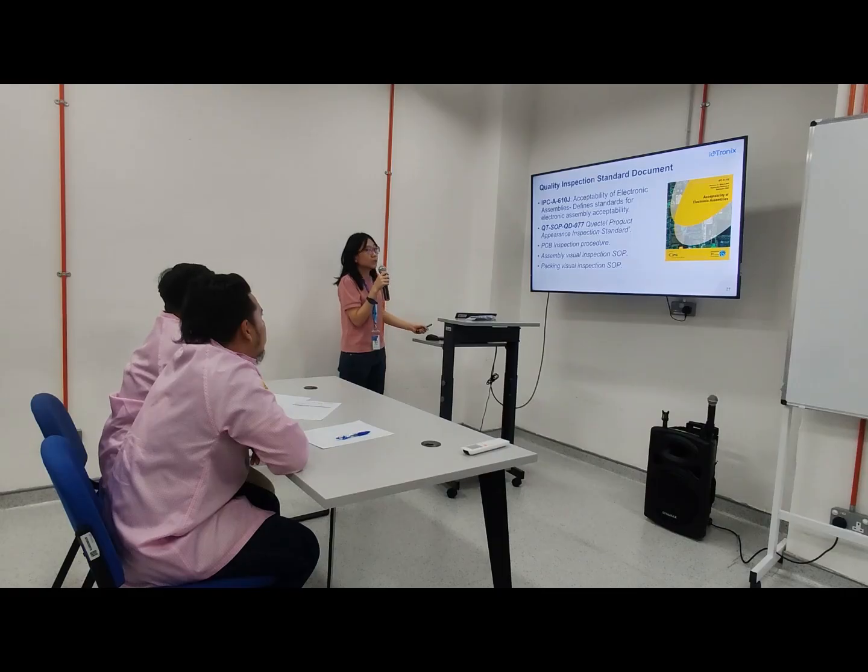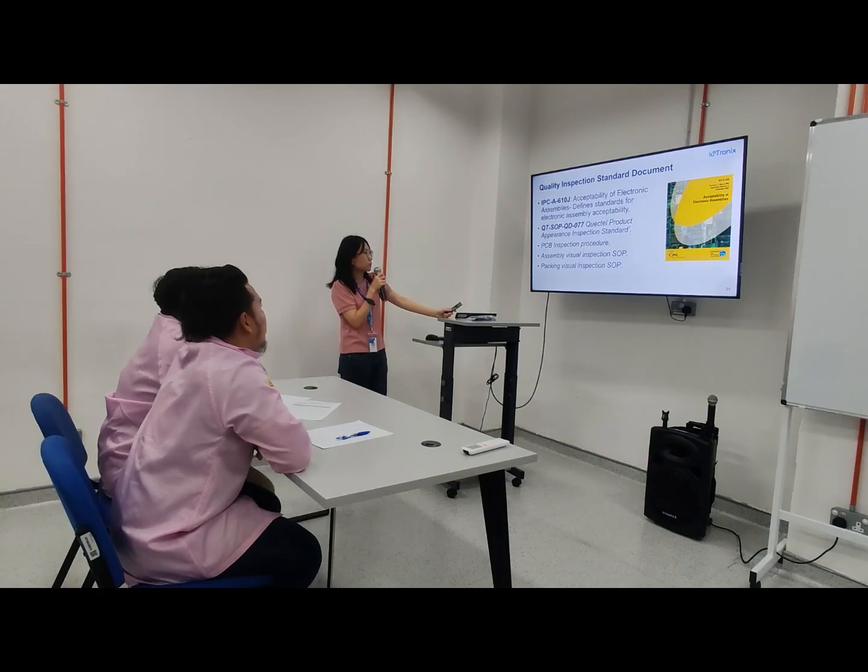Next we'll go for quality inspection standard documents. This one is the IPC standard. The IPC standard is a common industrial standard for electronics. It covers the acceptability of electronic assembly, and it defines the standard for electronic assembly acceptability. This is the worldwide standard that we follow.